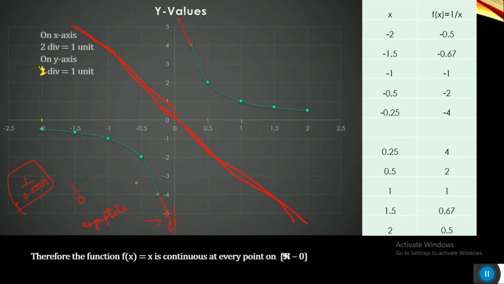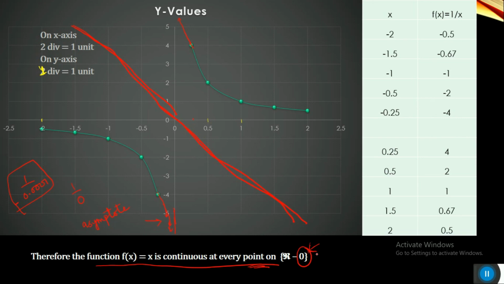Now by looking at this, I can say the function is continuous. Now you will say that at 0 there is a break. At 0 there is a break, so how can it be continuous? Because we have removed that point where we don't have a value.